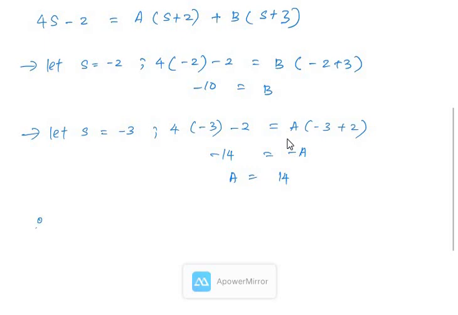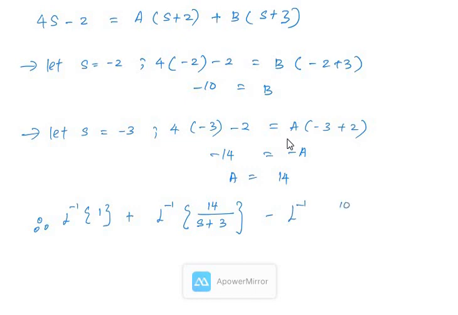So we have the inverse Laplace transform of 1, plus inverse Laplace transform, the A value is 14, and then this is for s plus 3, and then B is minus 10, so you have minus inverse Laplace transform of 10 divided by s plus 2.